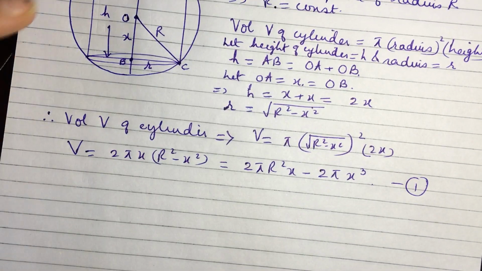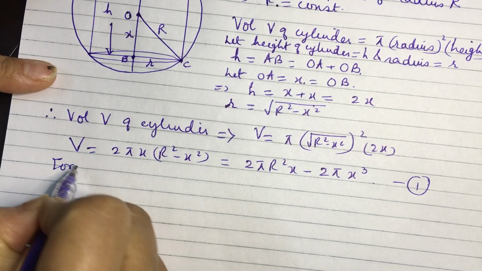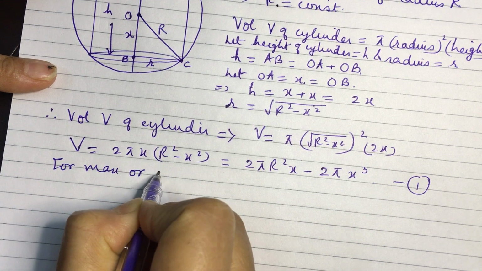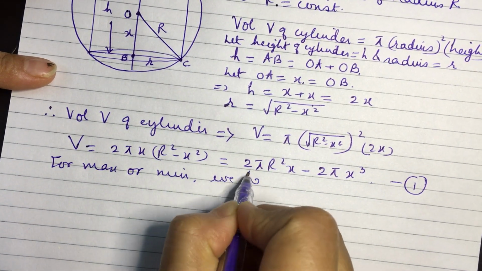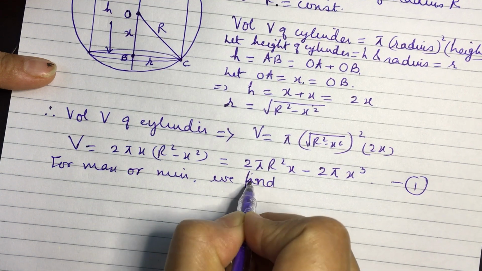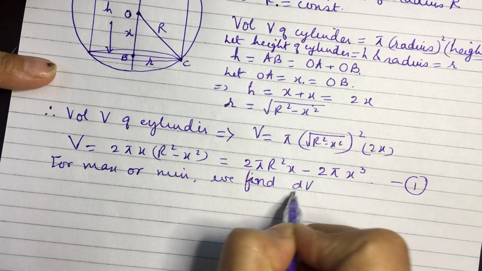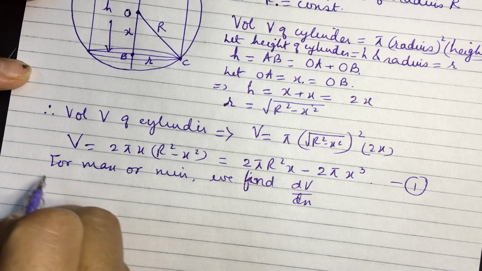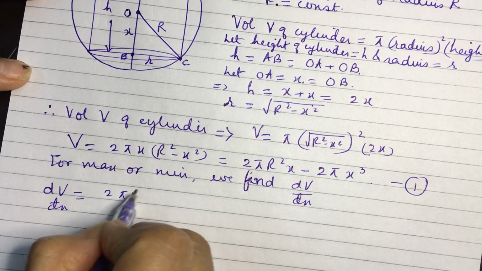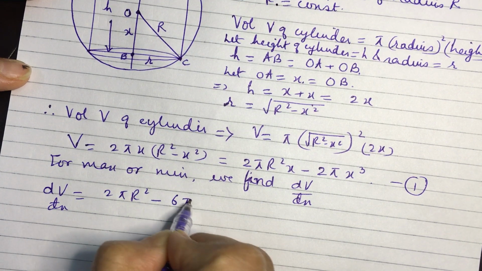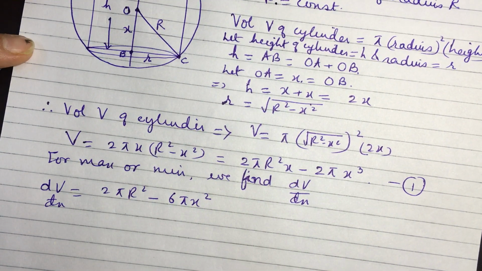Now for maxima or minima, we have to find dV by dx. So what do we get? dV by dx is equal to 2 pi r squared minus 6 pi x square. Okay.